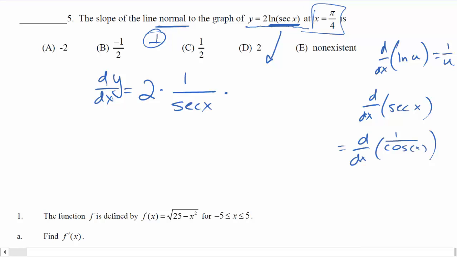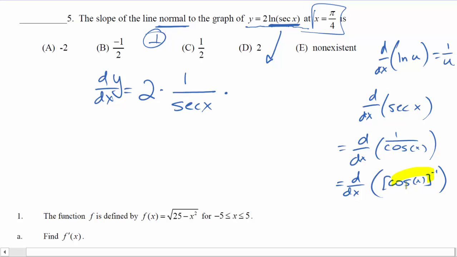I could be using the product rule or the quotient rule here, but the quotient rule is a bit of a waste of time, especially when I can rewrite it as cosine of x to the negative first power. Now this doesn't mean inverse, it just means reciprocal, because this allows me to use the chain rule.